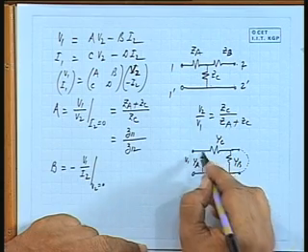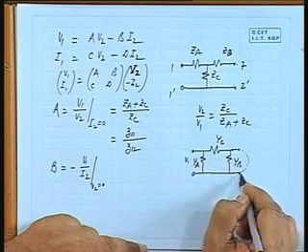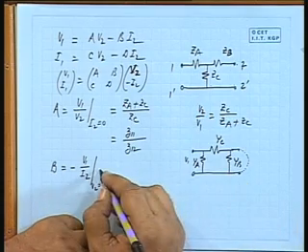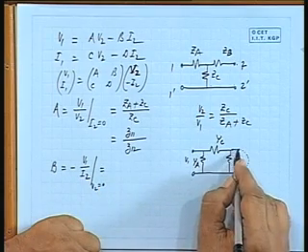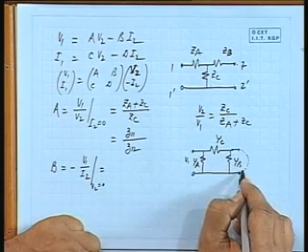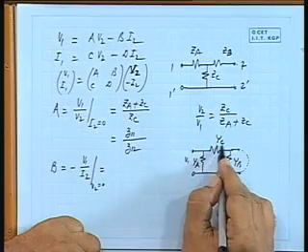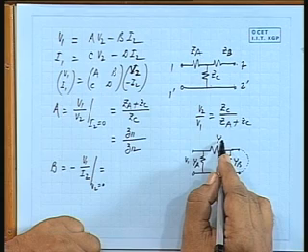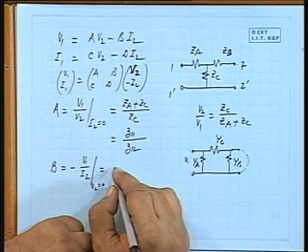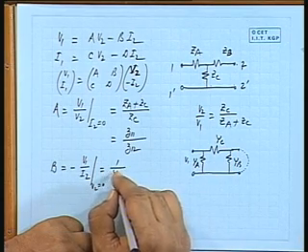So, V1 by I2 is how much? I2 is in the opposite direction, so minus and minus will make it plus. So, it is just 1 by YC.